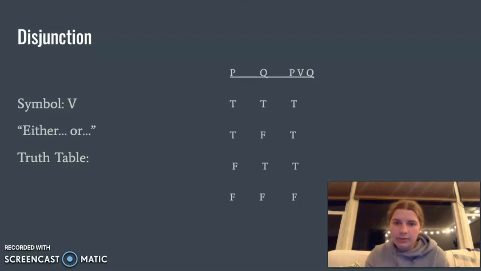For row 3, P is false and Q is true. We still have one true, which means P∨Q is true. But for the last row, neither P nor Q is true, which causes the disjunction to be false.